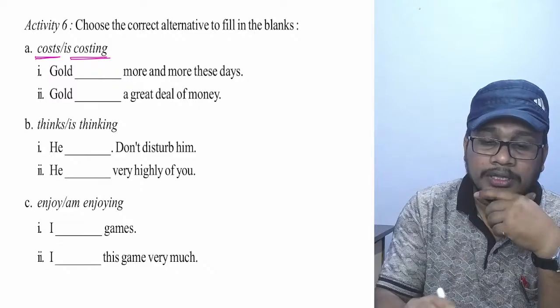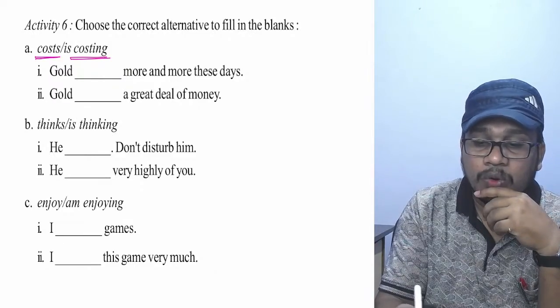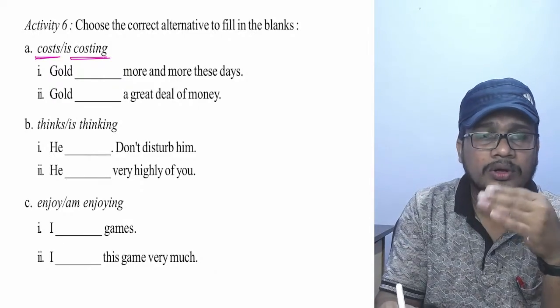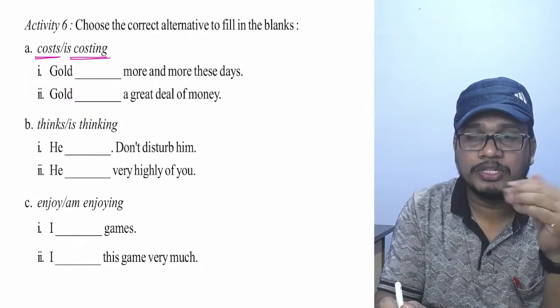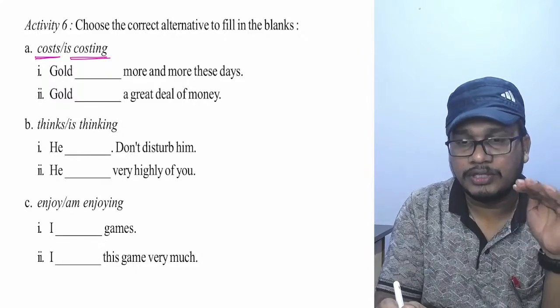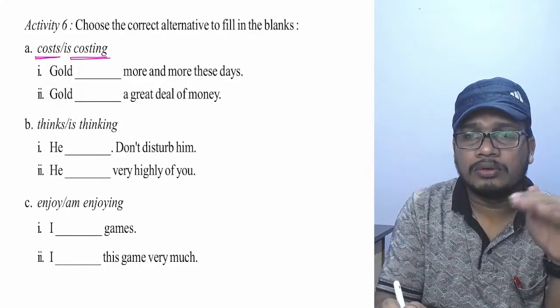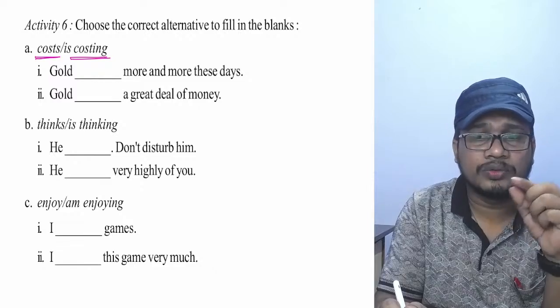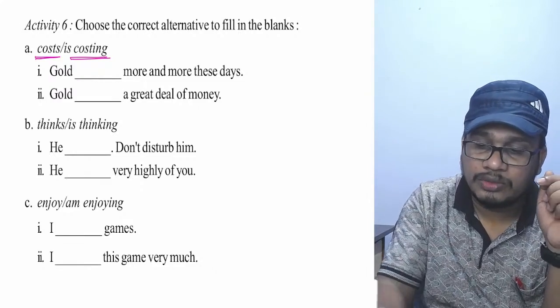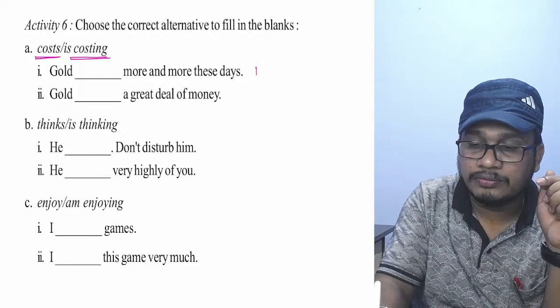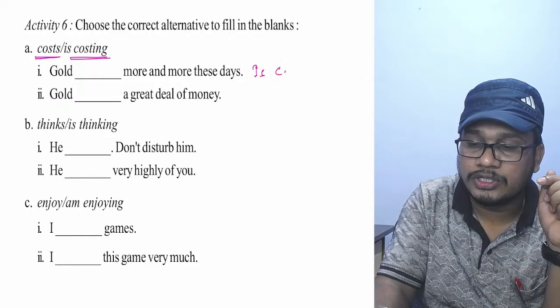The first one is: gold dash more and more these days. Gold price is going up more and more, it shows a progressive action, continual progress. So in this case we will use present progressive, that will be costing. The first one will be is costing.